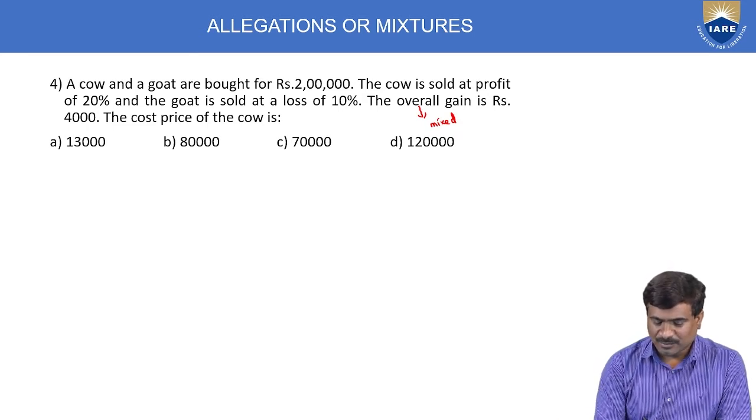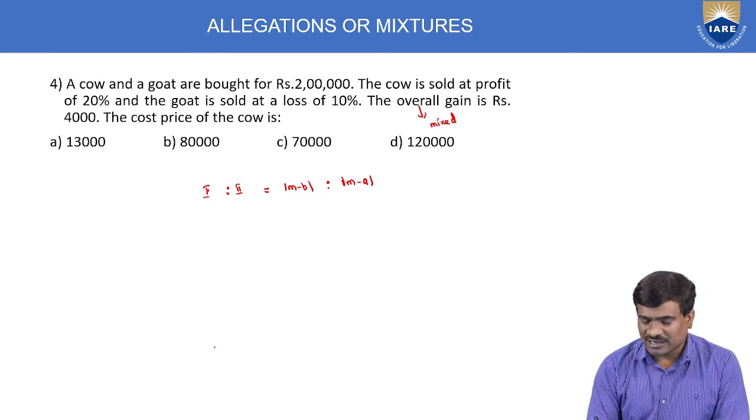Method: mixed. Type 1 is to type 2 is equal to modulus of m minus b is to modulus of m minus a, where a indicates profit plus 20, b indicates loss minus 10.